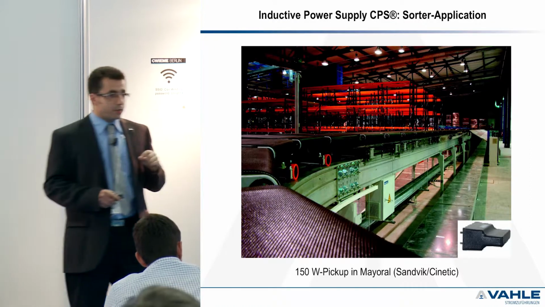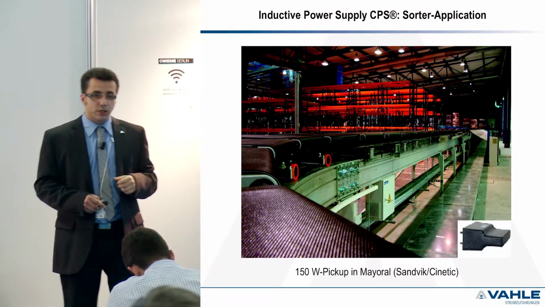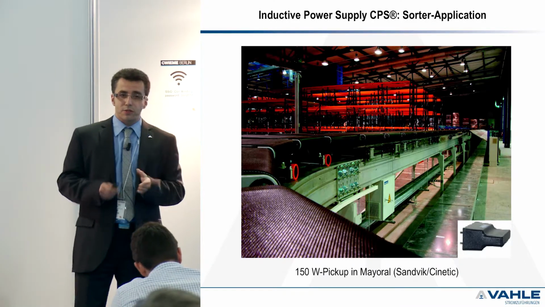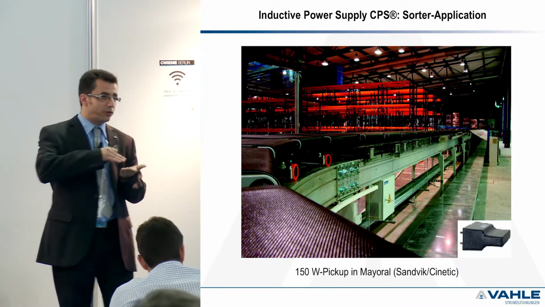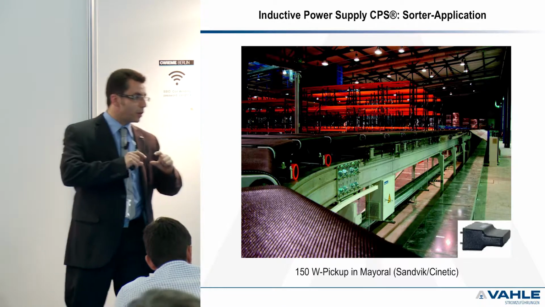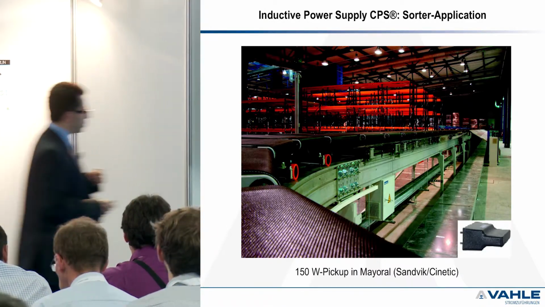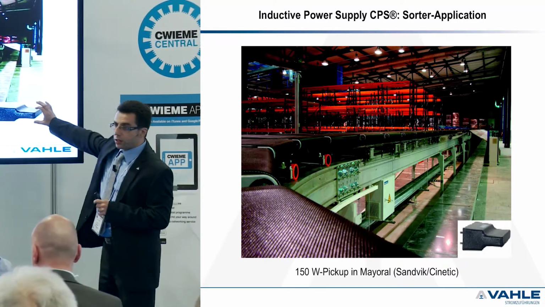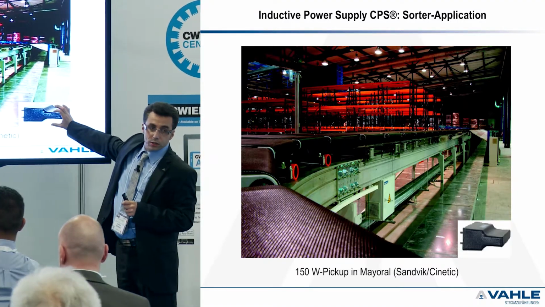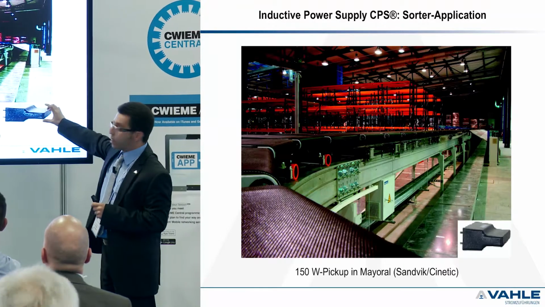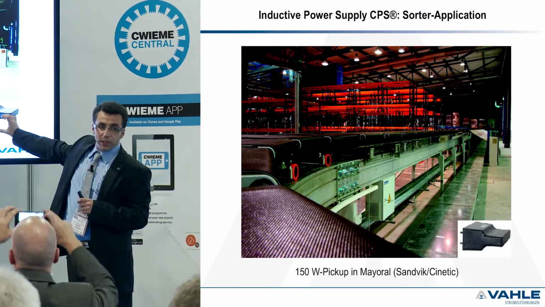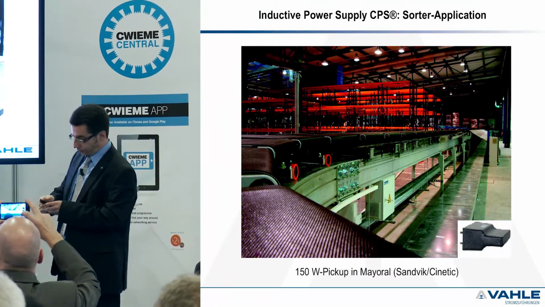A very small pickup is the one we're using for sorters, 150 watt. It has to be small because it has to fit into a very low profile. So we've got here 2 wires surrounding this ferrite core. This is just a ferrite core with some copper on it. And this leads to a good coupling, even though it is very small.